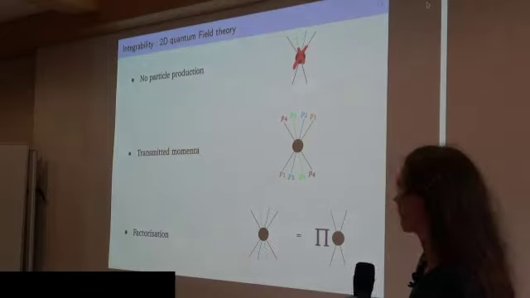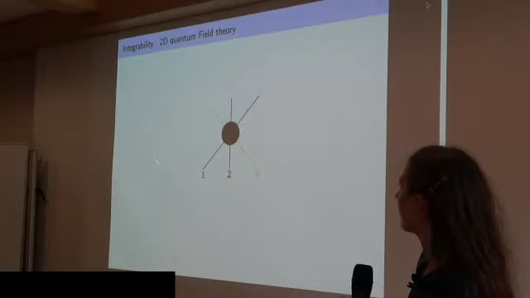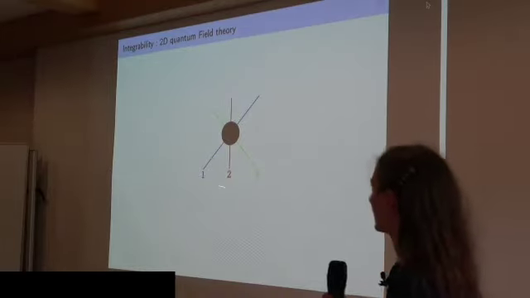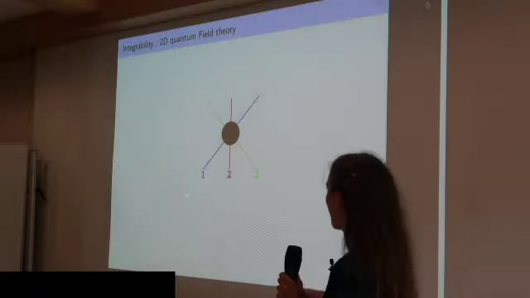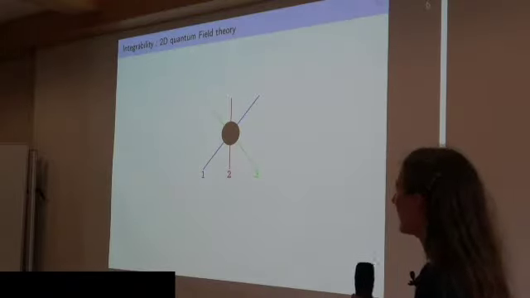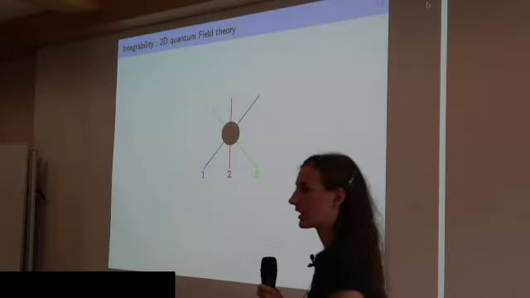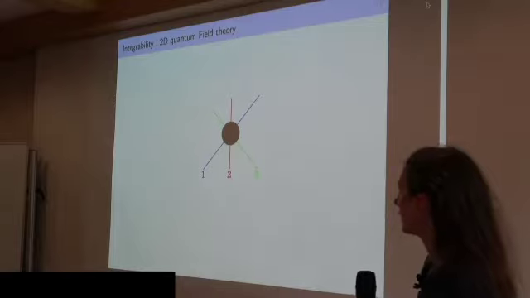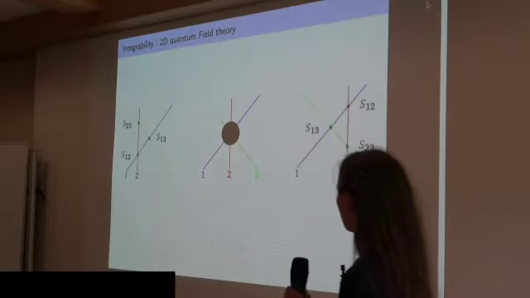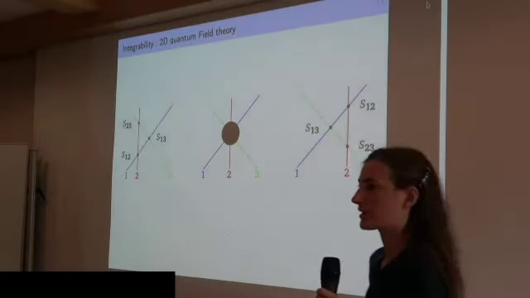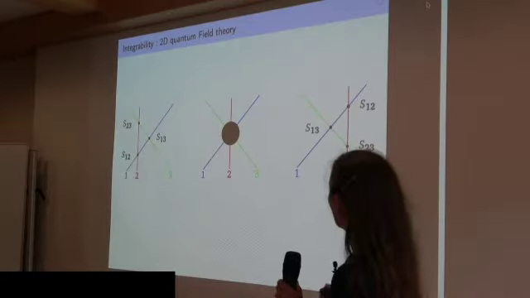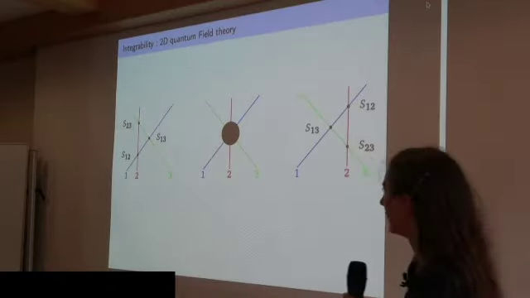To see this, let us consider the case of the scattering of three particles that I label 1, 2, and 3. Now, because you have factorization, this can be rewritten as a sequence of two-body scatterings, and you can actually do this in two different ways, depending on which particles scatter first with each other. So either 1 and 2 or 2 and 3.